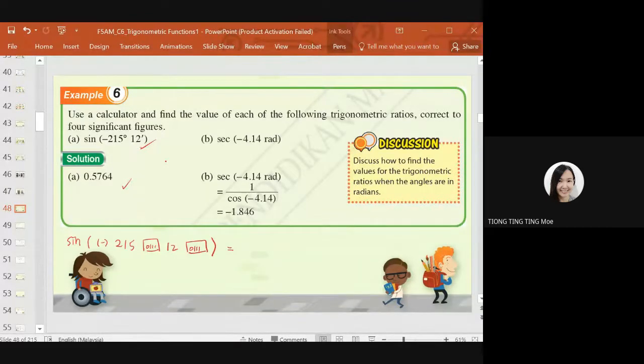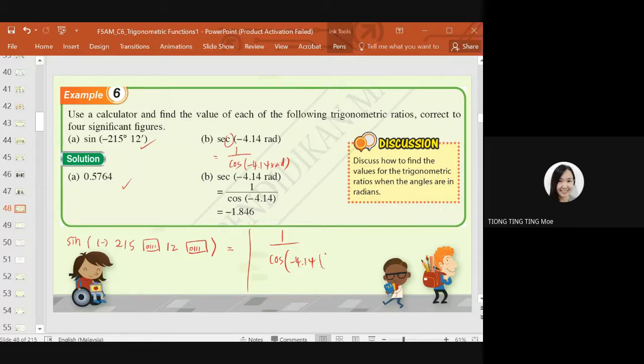Okay? Okay, we'll look at B now. Second. Okay, second, change into 1 over cos. 1 over cos, negative 4.14. Oh, radian. You know how to change radian into angles for your calculator? I don't teach you the method. I don't like to use the method. I will ask you to change it into the angles first. So it's cos negative 4.14 or 4.14.